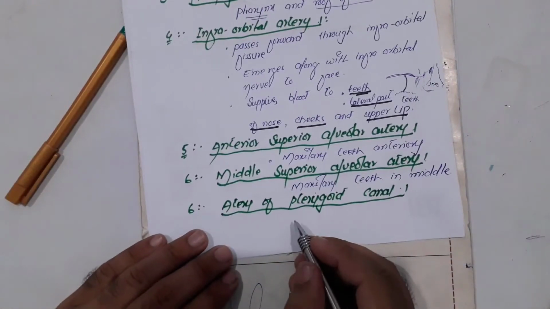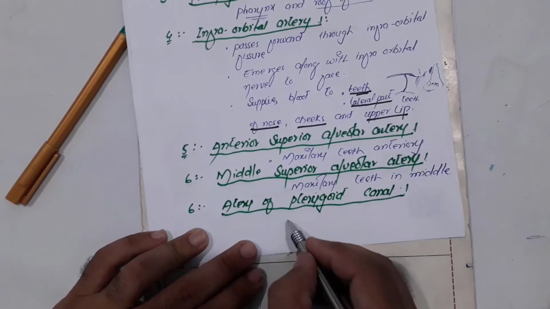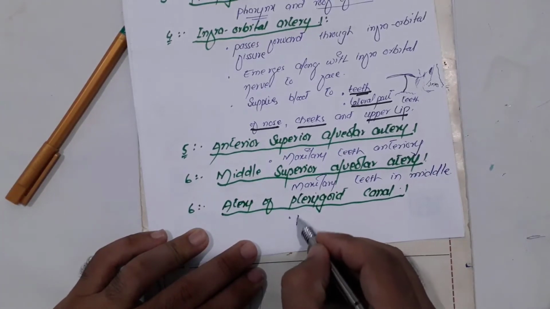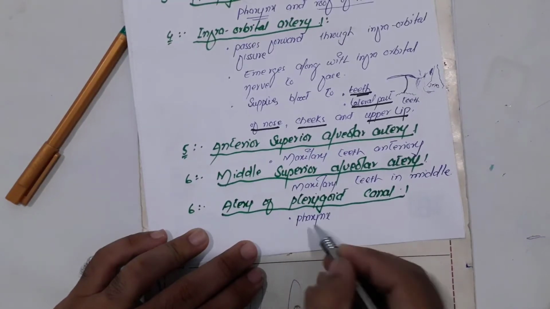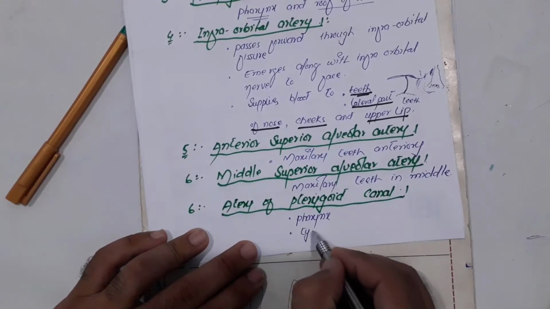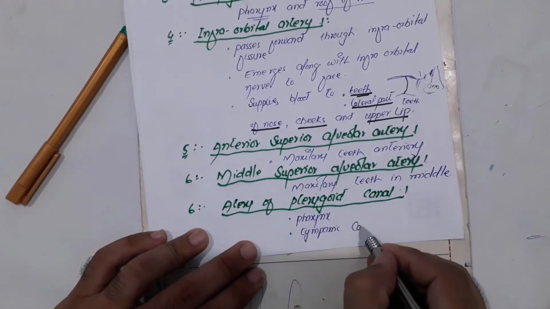This artery is responsible for supplying mostly blood to the pharynx and tympanic cavity, right?